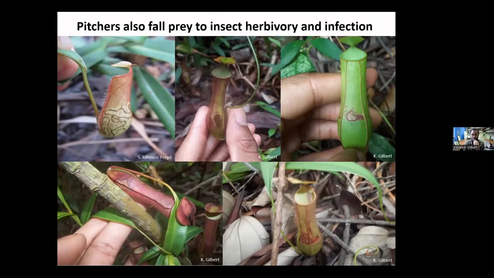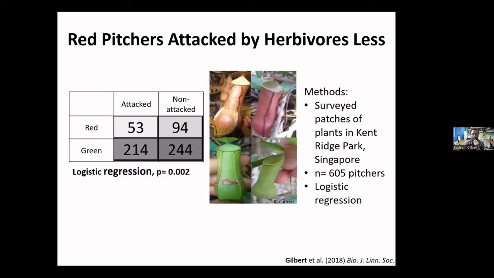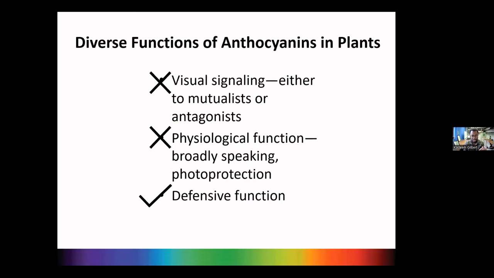So again, going back to those patches in Singapore, I decided to quantify this, and I found indeed, it turns out that the red pitchers in the same patch are attacked disproportionately less than the green pitchers growing around them.